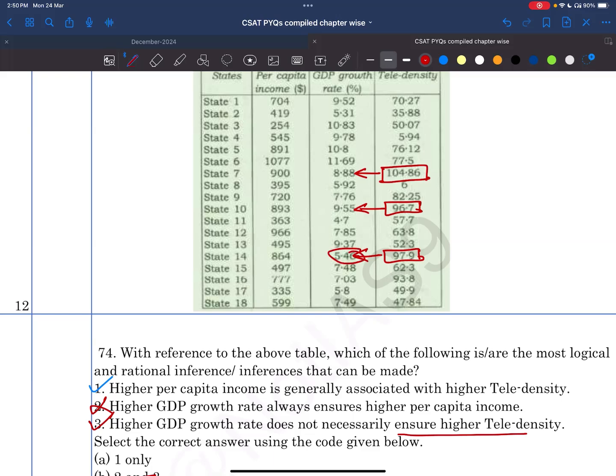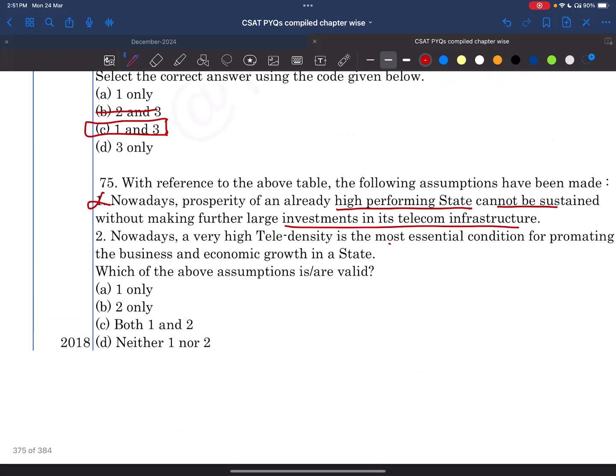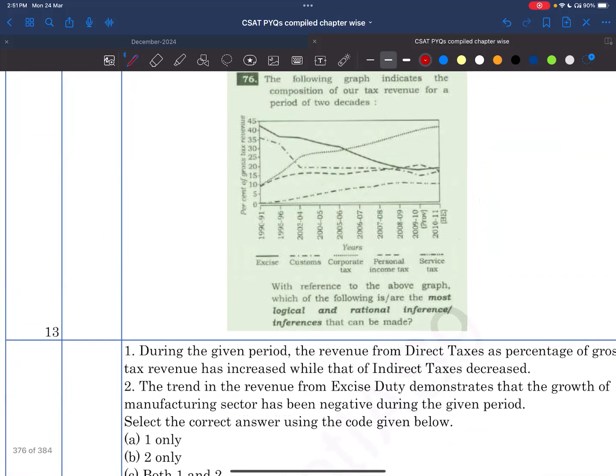See here it is only 5. But the highest growth value is 11.69. Here it is 10.83, 10.8. These values are lesser. That means it is not the most essential condition. So the answer is neither 1 nor 2. Right? Now let's go to the next question.